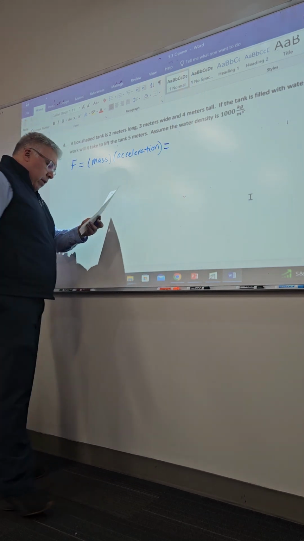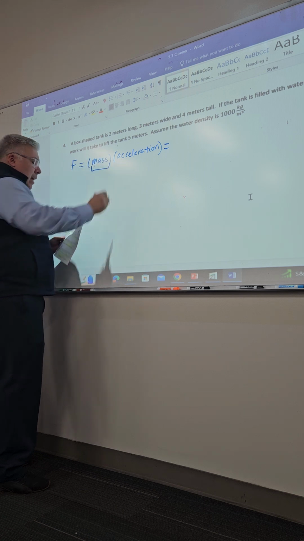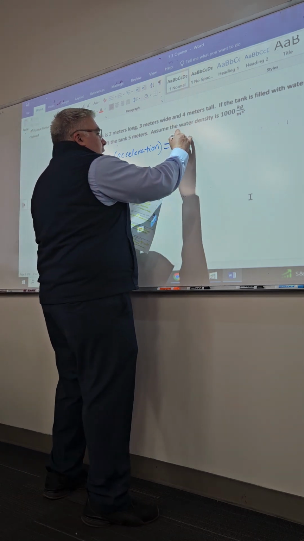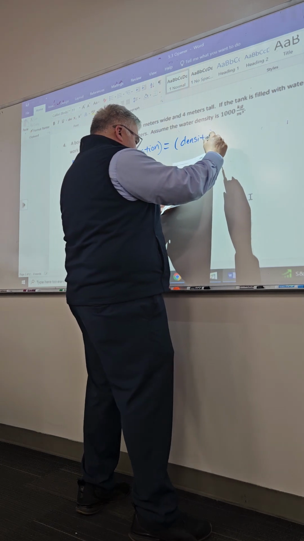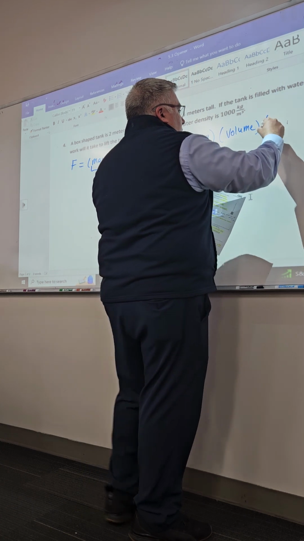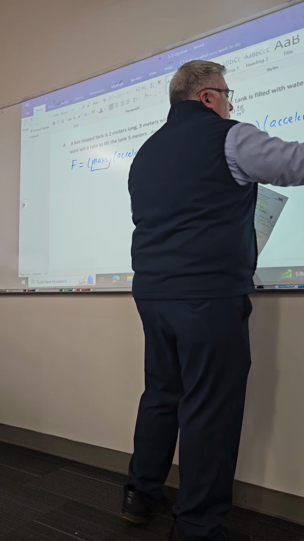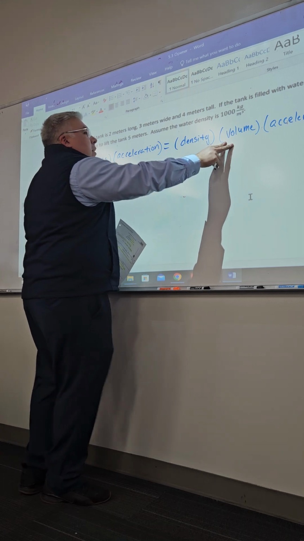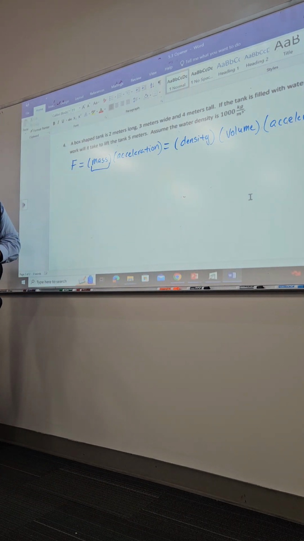To do mass times acceleration, when you have water density involved, the mass is going to be density times volume. Are y'all with me? So your force is going to be density times volume times the acceleration. So density times volume is your mass, okay?